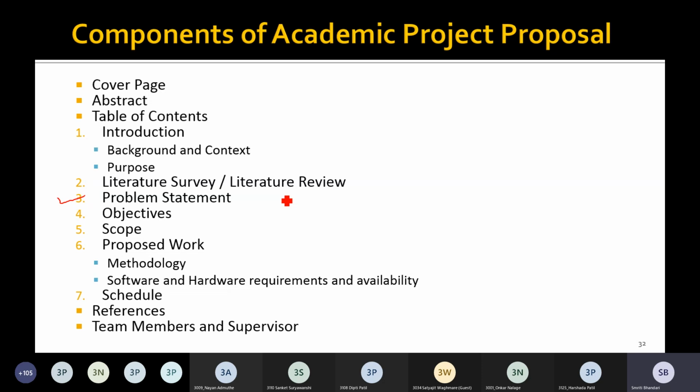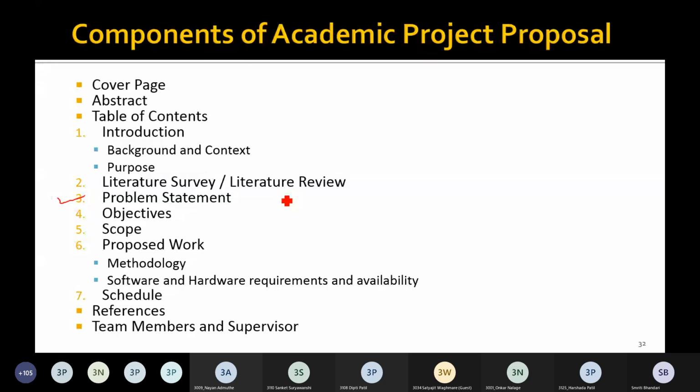Like if this problem is not fixed, then what are the consequences? What are the losses? Maybe in terms of the process or the efficiency of the process, maybe in terms of the monetary loss, right? So we can focus upon that aspect also while finally proposing our problem statement.